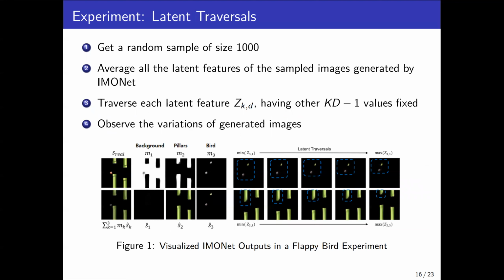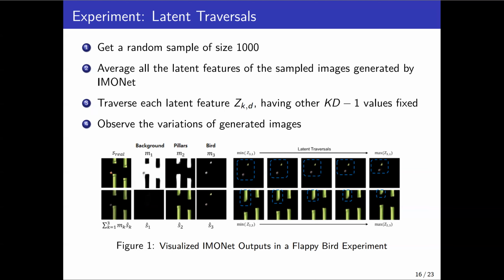Regarding how to interpret latent representation, we will traverse the latent features. That means we average all the latent features of the sample images generated by the IMONet, then traverse each of these latent features in the case object from its maximum to minimum values, having the other k times d minus 1 features fixed.